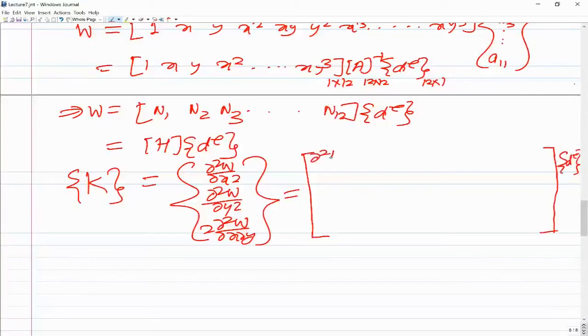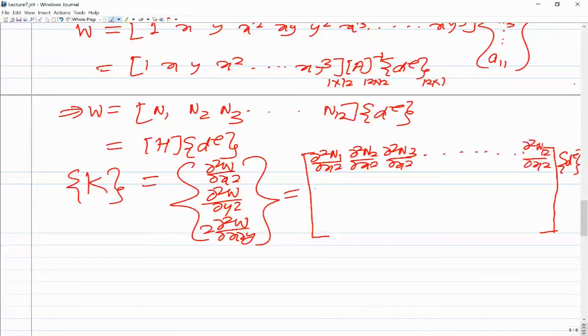So here we'll have del 2 N1 by del x square, del 2 N2 by del x square, del 2 N3 by del x square, and so on. Finally, we'll have del 2 N12 by del x square.